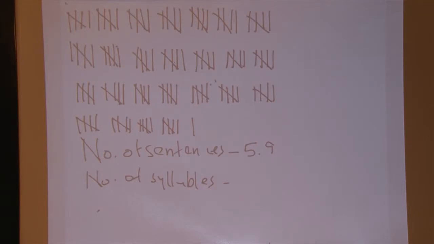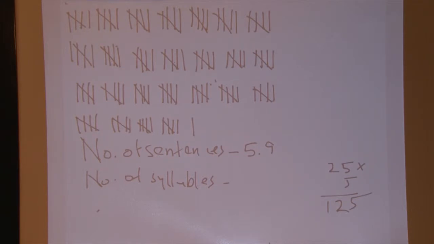Okay, since we have tallied this in terms of fives, let's count how many fives of marks are here. 1, 2, 3, 4, 5, 6, 7, 8, 9, 10, 11, 12, 13, 14, 15, 16, 17, 18, 19, 20, 21, 22, 23, 24, 25. 25 times 5, okay, 125 plus a 1, so 126.